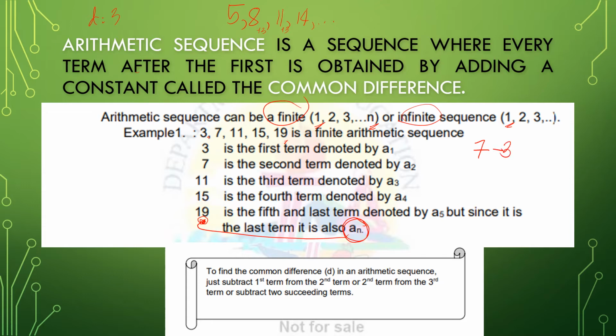So, 7 minus 3 is equal to 4. 11 minus 7 is equal to 4. 15 minus 11 is equal to 4. 19 minus 15 is equal to 4. We have here the same difference because it is a constant, which we call the common difference. So the common difference in this example is 4.